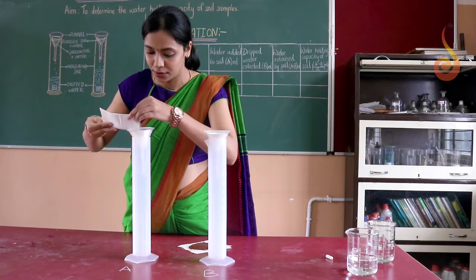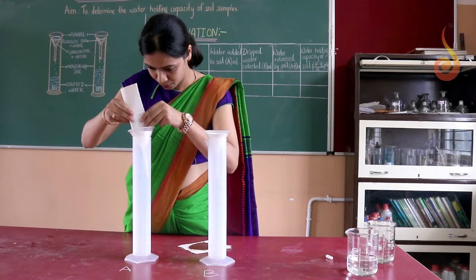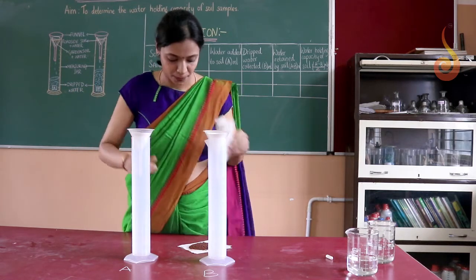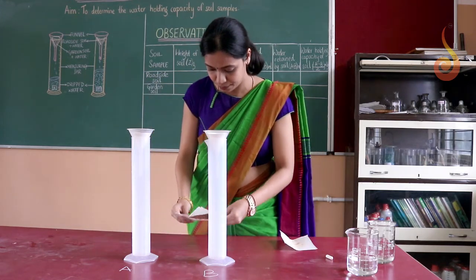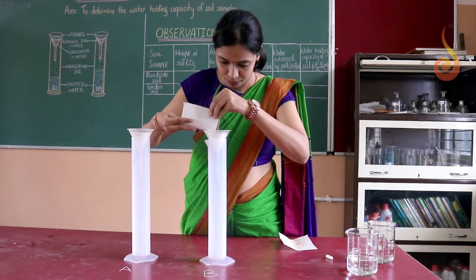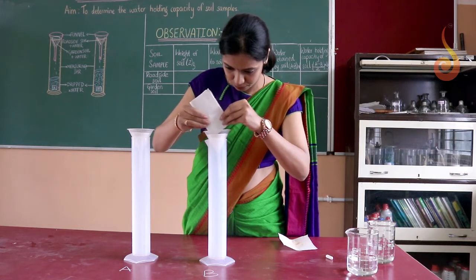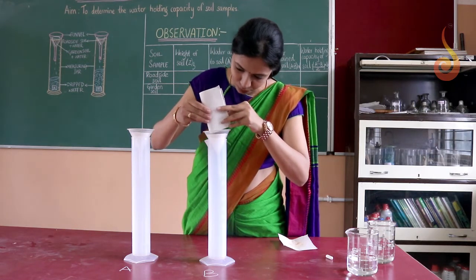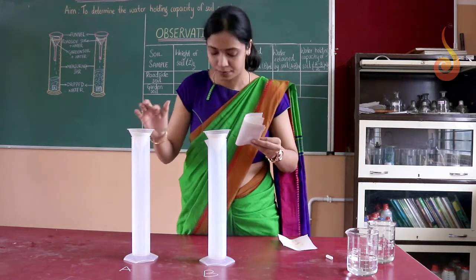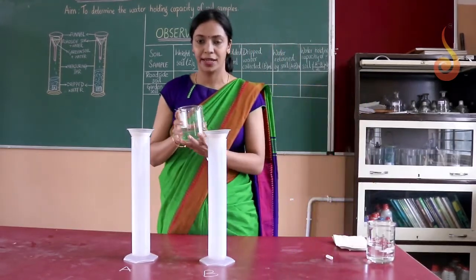Very carefully pour it into the Whatman filter paper, the cone that you have made out of the filter paper. Now I am going to add 200 ml of water into each of these.